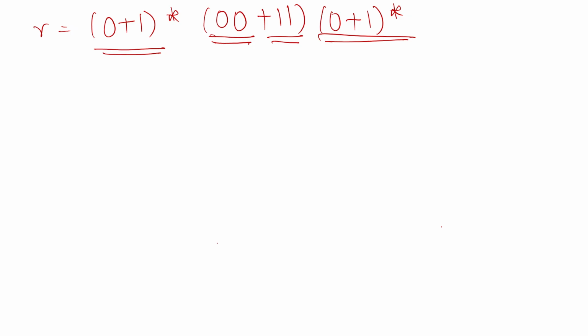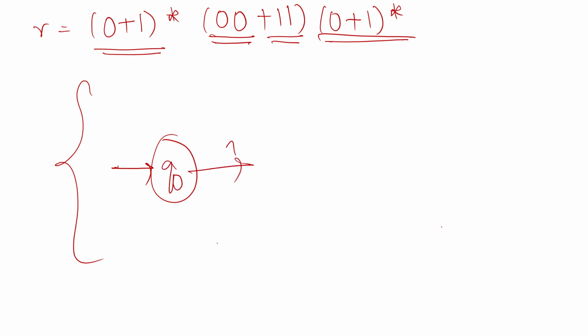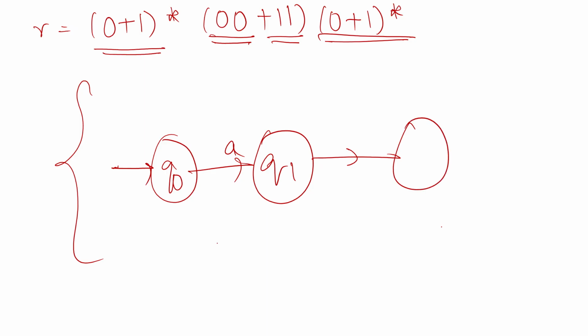So now, first of all, we should know what epsilon moves are. For someone who doesn't know, epsilon moves mean that without any string also, we can move from one state to another. Suppose I have A. Now I want to reach Q2, but I don't want any string to reach Q2. I want to directly reach Q2. So I'll add epsilon.